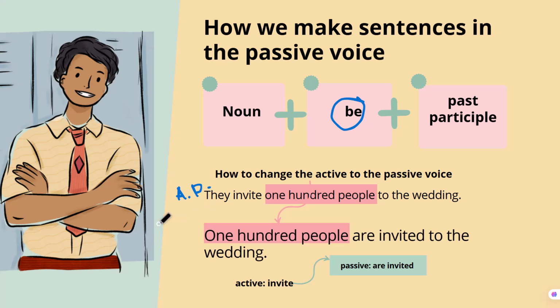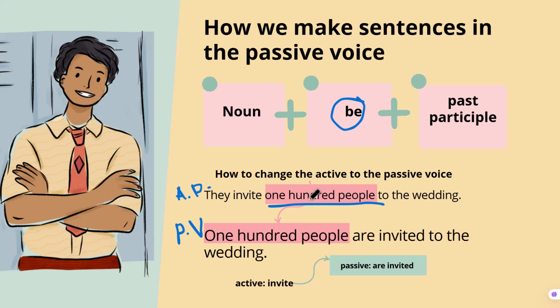Then for passive voice, now we're going to switch it a little bit. Now, the receiver of the action, meaning the noun that receives the action, we already know what an object in a sentence is, becomes the subject. Yes, I know. Now, what was the receiver of the action? 100 people.